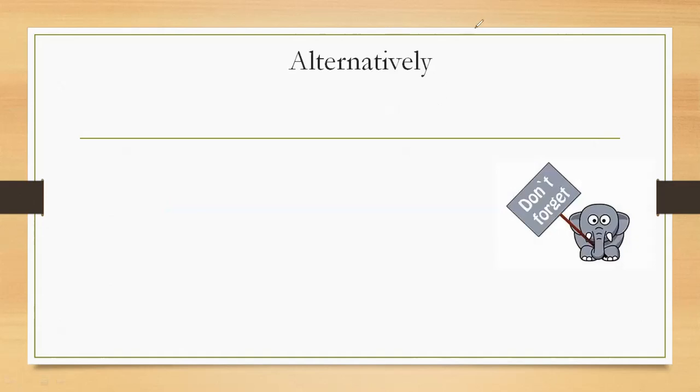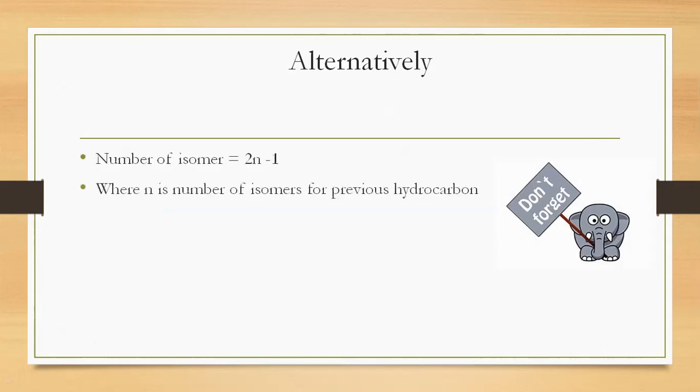Now, alternatively, I can calculate the number of isomers using the formula 2n minus 1. And remember, here n is not the number of carbons; n is the number of isomers for the previous hydrocarbon.